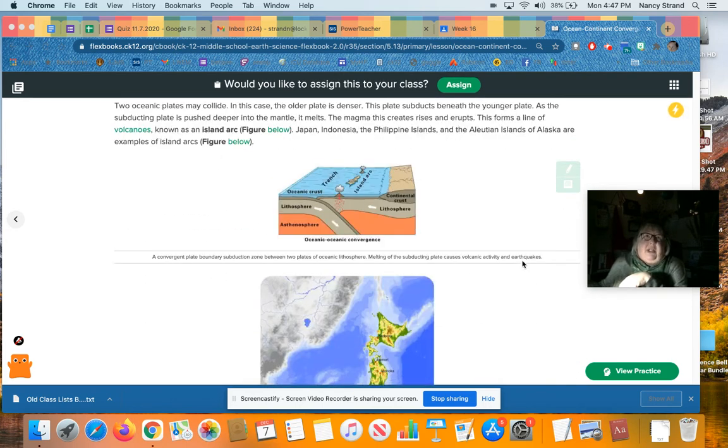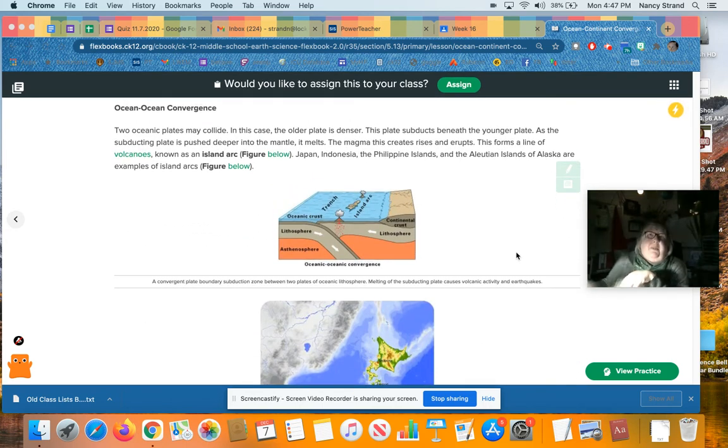Ocean to ocean convergence. Ocean plate to ocean plate convergence. Two oceanic plates may collide. In this case, the older plate is denser. This plate subducts beneath the younger one. As the subducting plate is pushed deeper into the mantle, it melts.